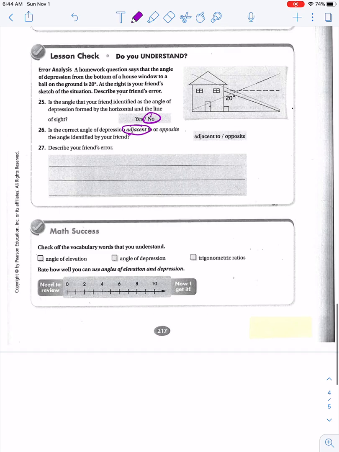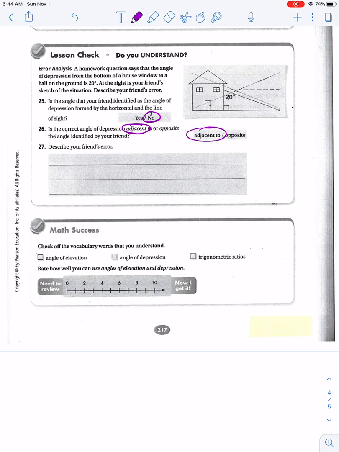This should be adjacent. Describe your friend's error. Well, he did not use the line of sight to figure out his angles. So he made a little mistake.